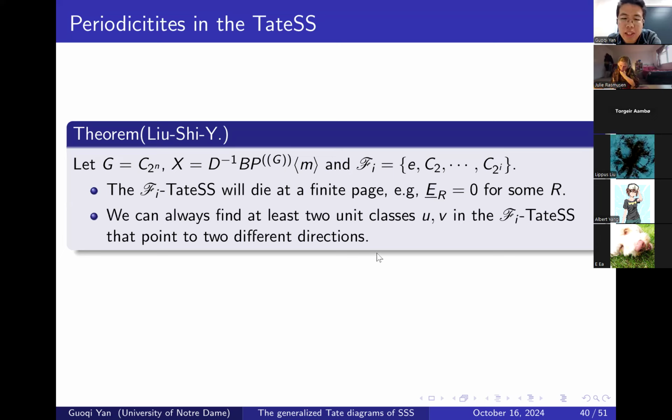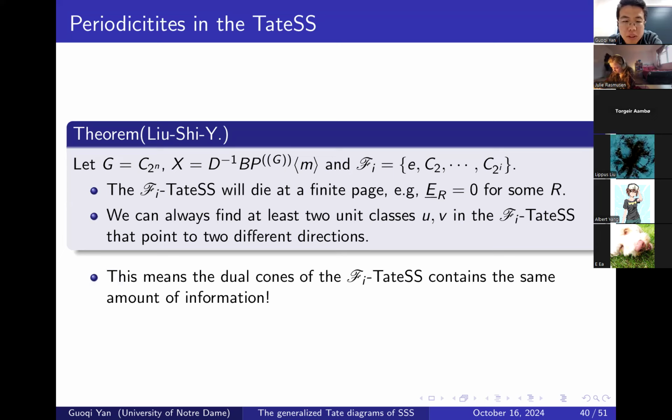Secondly, we can always find at least 2 unit classes in the Tate spectral sequence, and they point in 2 different directions. So let's see the pictures. Combined together, this means the dual cones of the Tate spectral sequence contain the same amount of information.